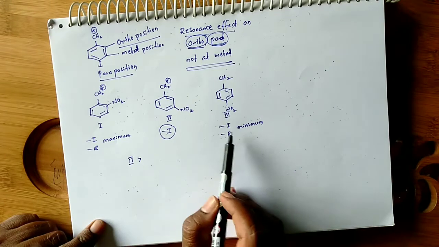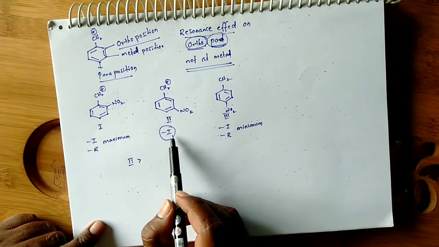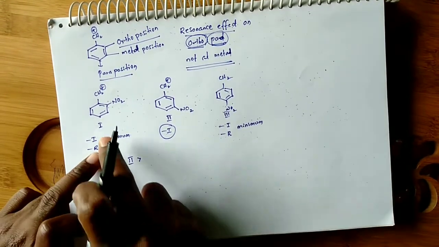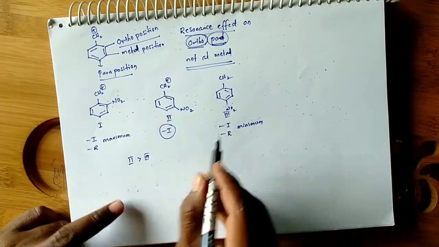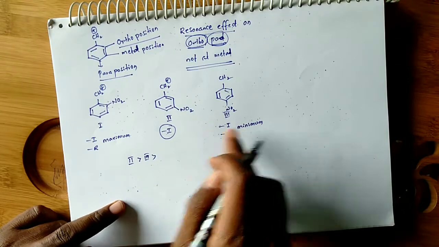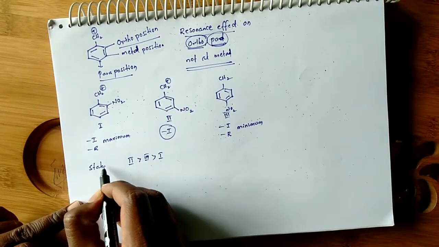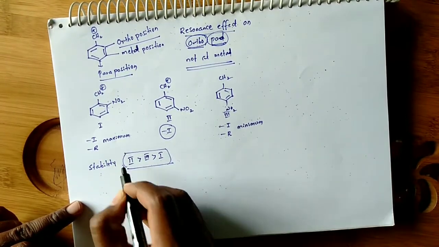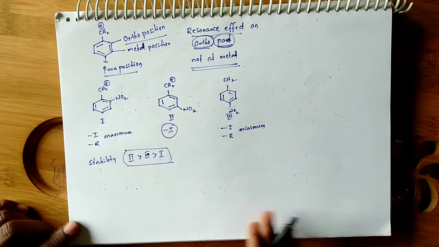Here two effects are destabilizing the benzyl carbocation, but here only one effect is destabilizing it, so 2 is more stable. Among these two, at the third position the effects are minimum, so this is more stable. After that, the first one. This is the stability order of benzyl carbocation with electron withdrawing groups, that is minus I minus R groups. Is this clear?